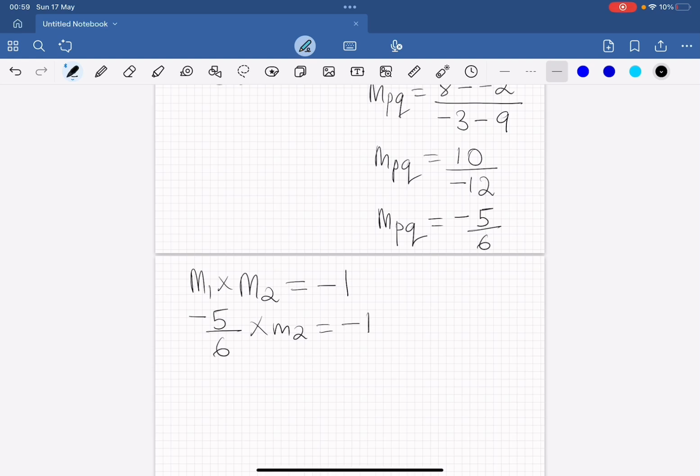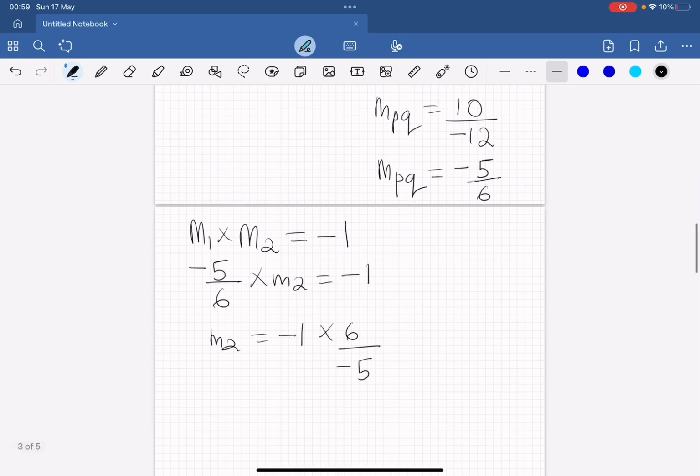Now, to get m2, you are going to say -1 times 6 over -5. Basically, I am multiplying this side by 6 over -5 so that these can cancel out. And then the negative cancels the negative. So m2 is 6 over 5.